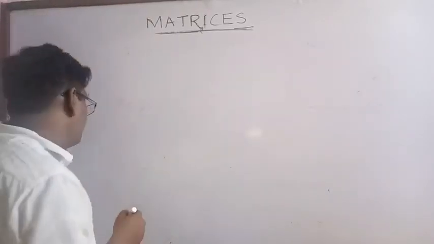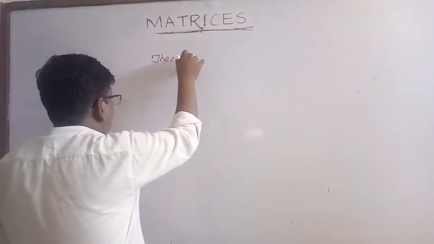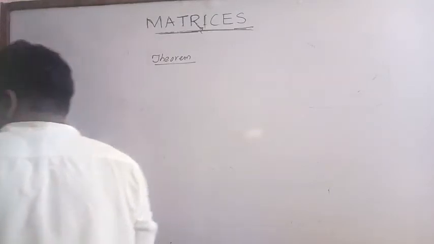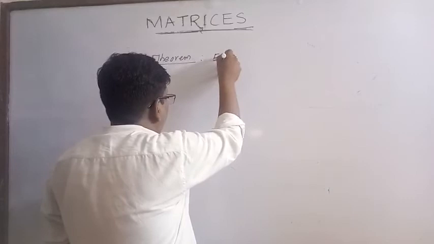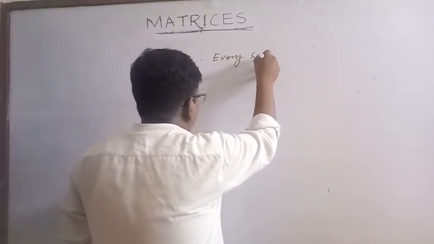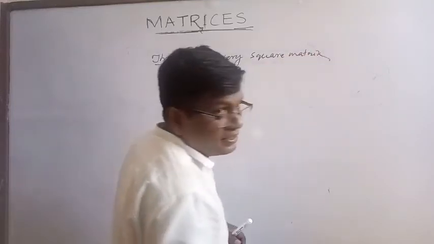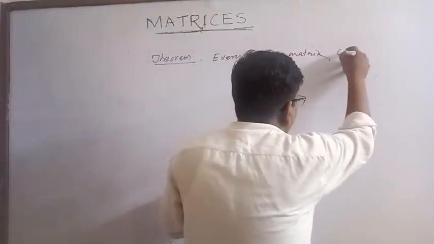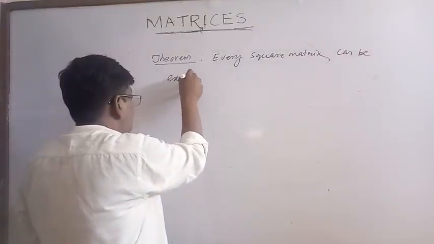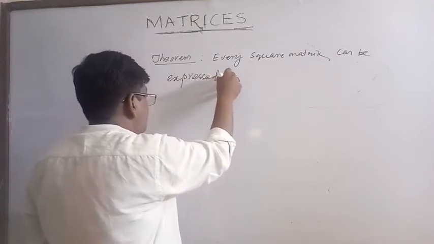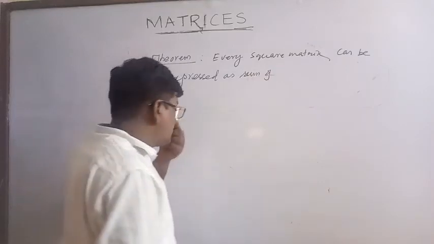Another theorem: every square matrix can be expressed as the sum of a symmetric and a skew symmetric matrix.